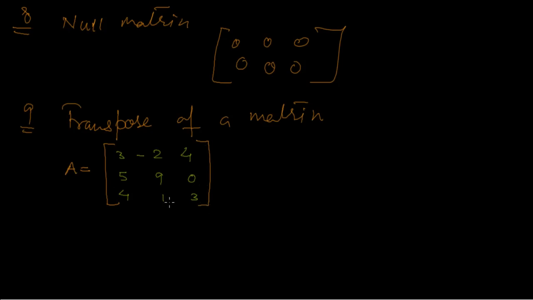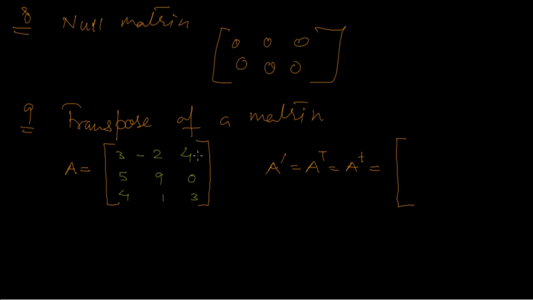We have this matrix and we have to make the transpose of this. So we will explain it this way. A transpose, we can write A t. In this way we can symbolize this, and we find the transpose of this. We have to change rows into columns and columns into rows.